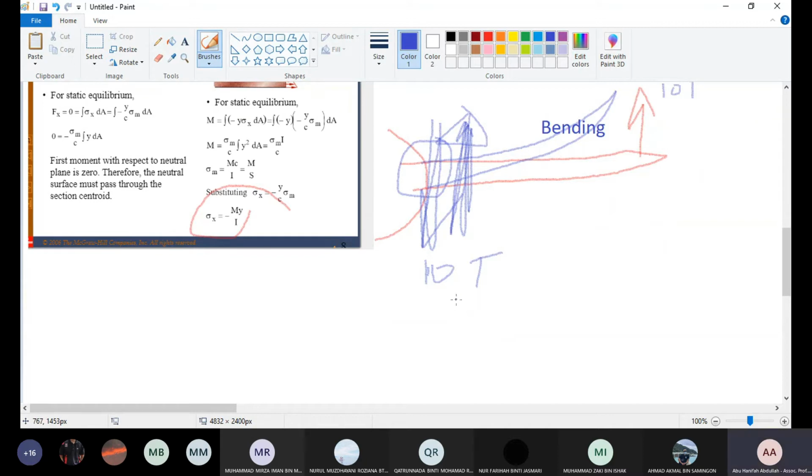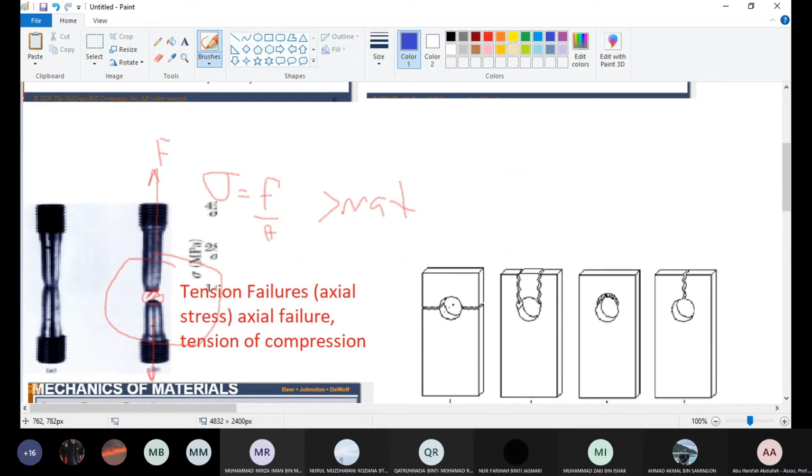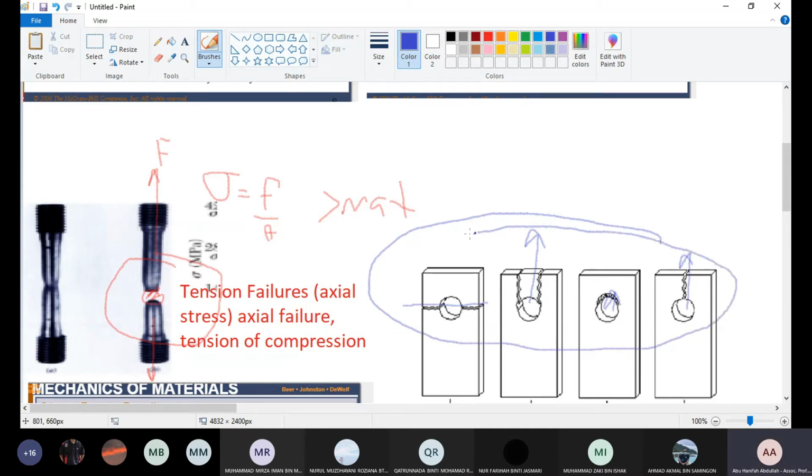So I just throw in the simple formulas first. Okay, this is tension failure, this is shear out failure, this is bearing failure, this is also shear failure. This is on the rivets, on the fasteners.